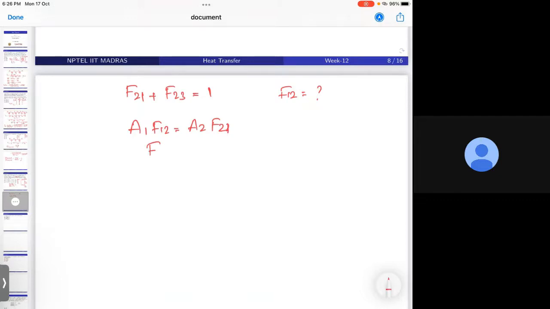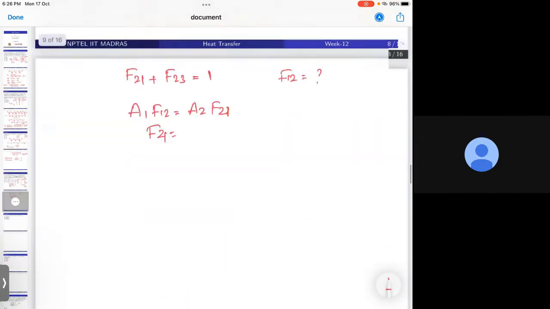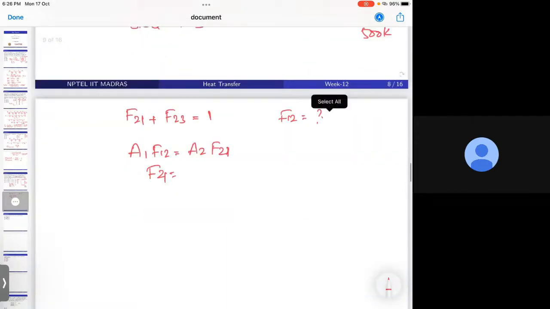So F21 is equal to A1 by A2 times F12, and F12 is given as 0.38.